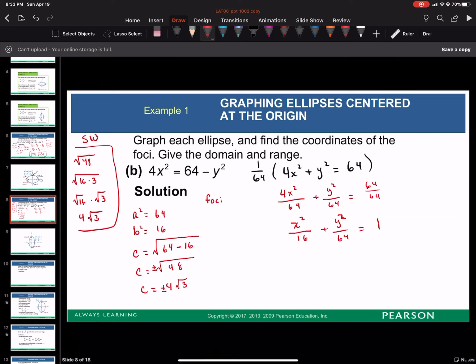So we know that we're going to have 0, negative 4 times the square root of 3. Then we have 0, positive 4 times the square root of 3. Then for our vertices, so we're talking about the major axis, it's going to be 0, negative 8. Then we have 0, 8.